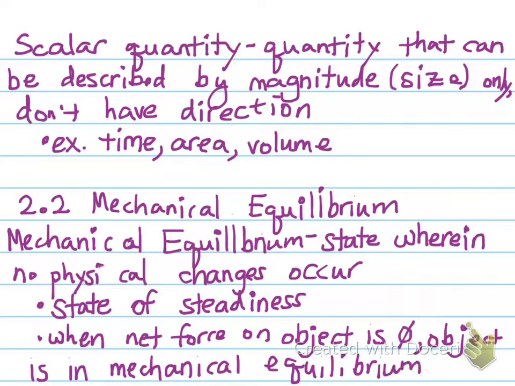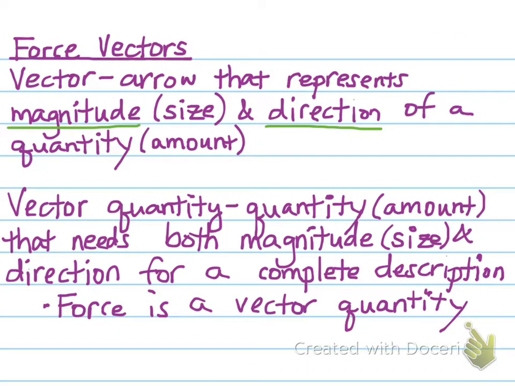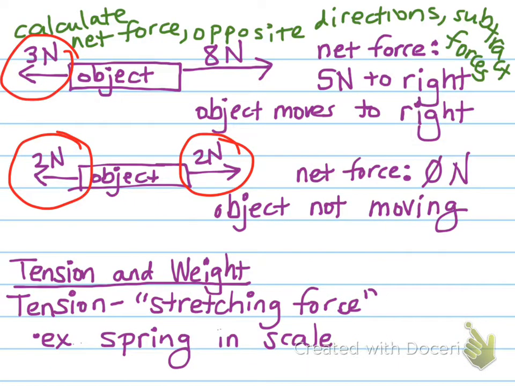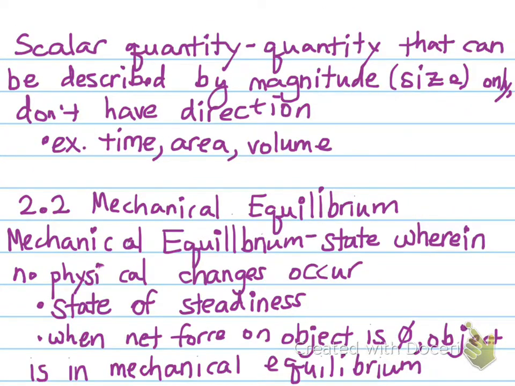So we go back to those pictures I drew, right? This object here would be in mechanical equilibrium because the object is not moving. You also can have moving objects be in mechanical equilibrium. It just means that they have to be moving at a constant speed and in a constant direction.